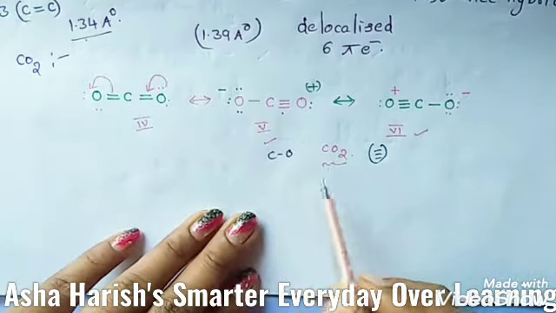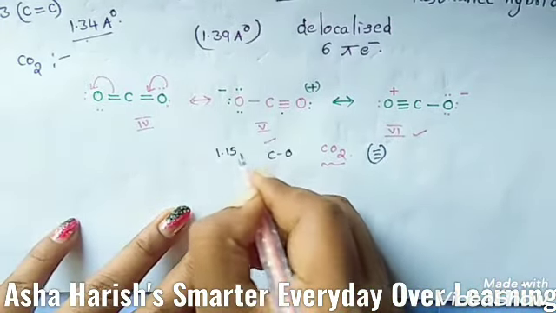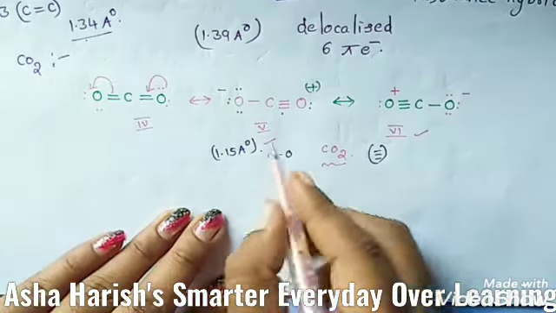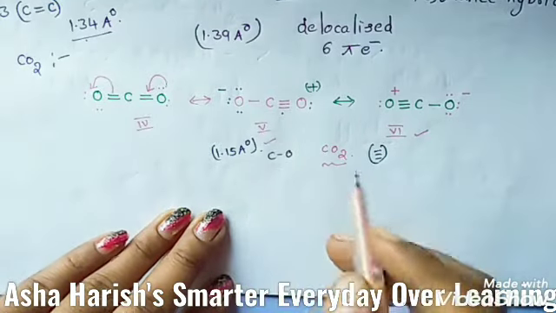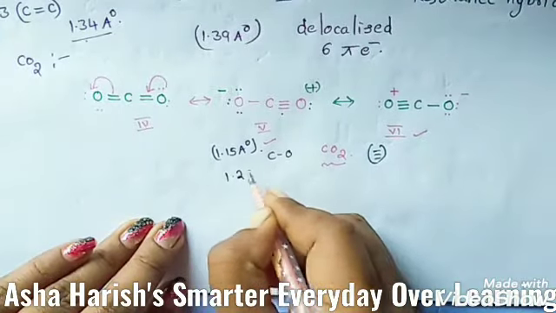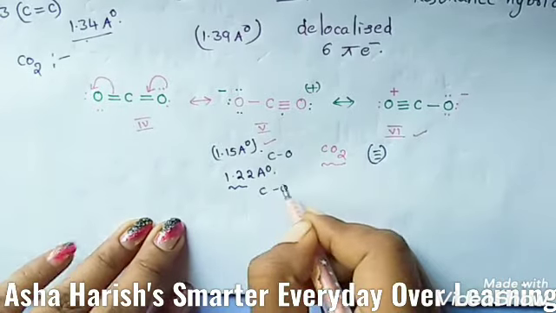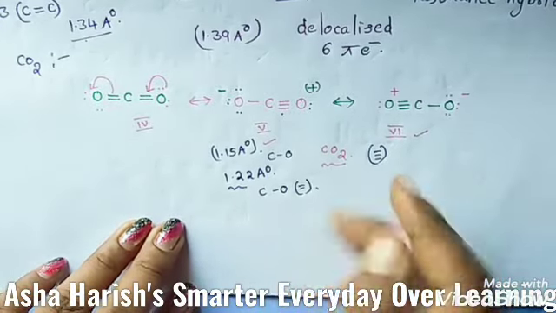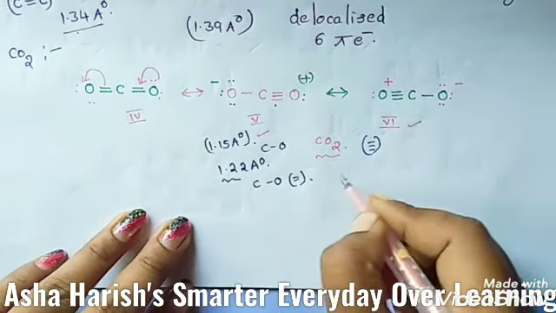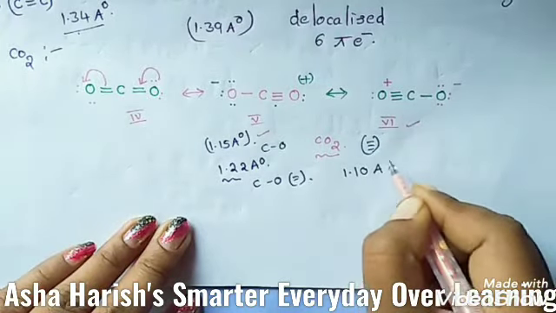As a result, the carbon-oxygen bond length is 1.15 angstroms. You have to remember this, students. 1.15 angstroms in CO2 lies between the normal carbon-oxygen double bond length of 1.22 angstroms and the normal carbon-oxygen triple bond length of 1.10 angstroms.